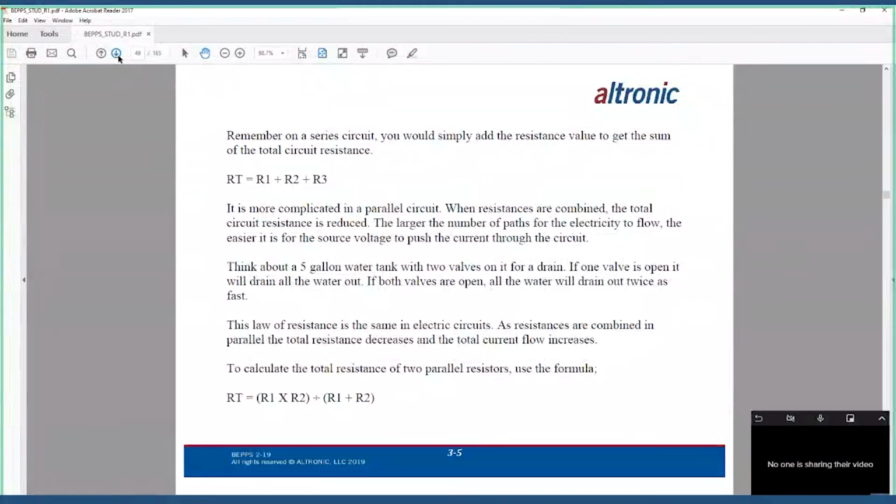I'll save that today, but think about this. If we are doing a series circuit, the rule of thumb is that all the resistance values add together. But if we do a parallel circuit, and the formula, in this case with two same resistors, the resistance value is cut in half.